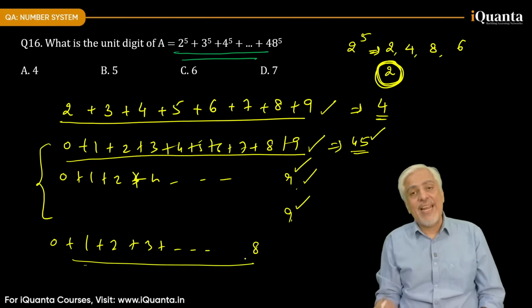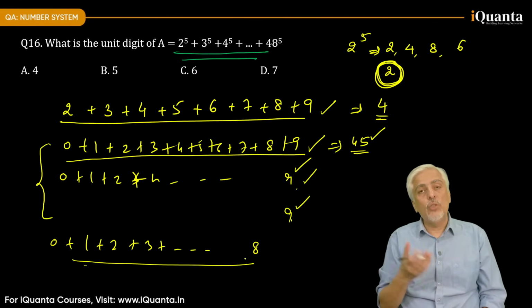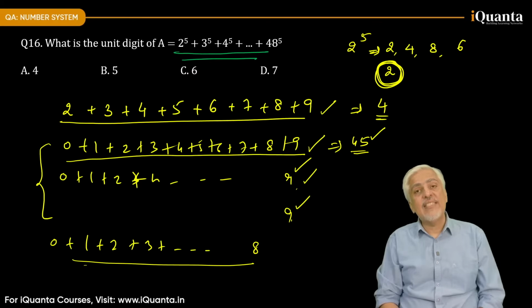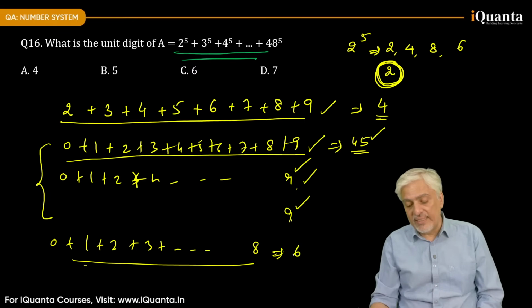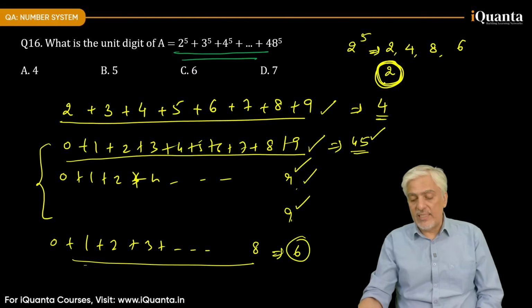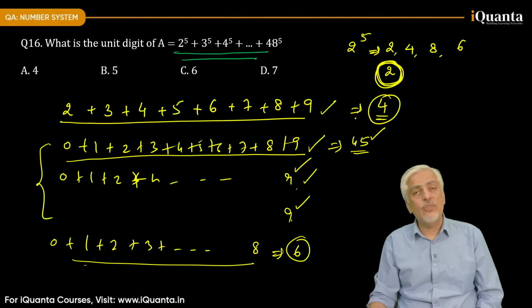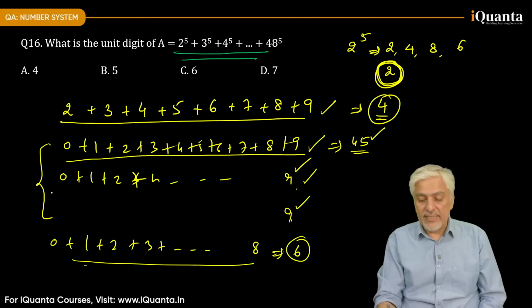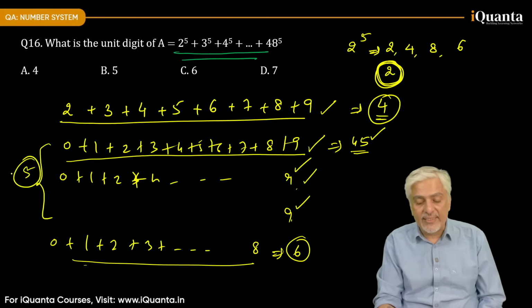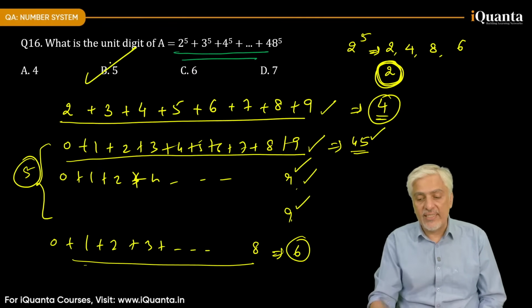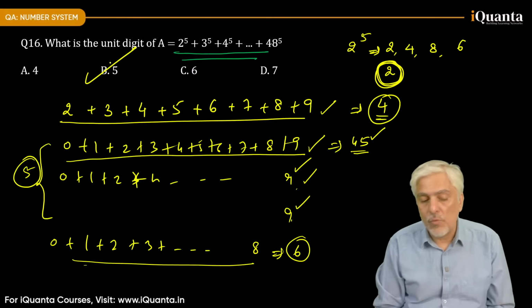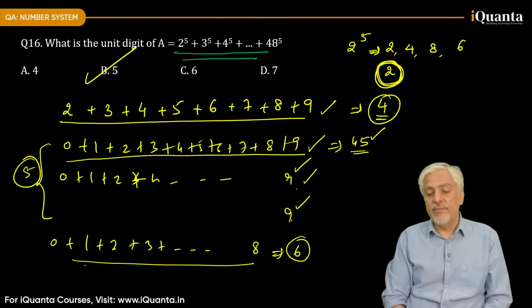यहां से 1 से 8 तक है, तो क्या आएगा? 36. तो इसका लास्ट डिजिट 6, 6 प्लस 4 10, तो लास्ट डिजिट बिकम 0, 0 प्लस इन तीनों का लास्ट डिजिट 5 आया था, तो 0 प्लस 5 5. आंसर इज ऑप्शन बी. Everybody clear?